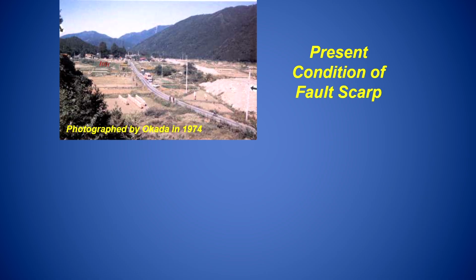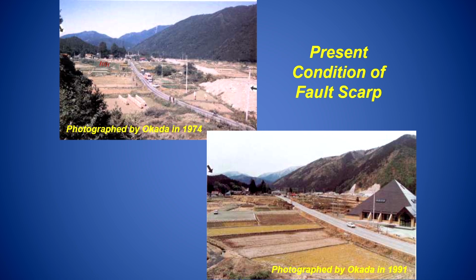Again, the photograph has been taken from the same angle. Some construction came up, and finally in 1991, you see this structure sitting exactly on the fault. If you have not passed on or formed any norms, then such mistakes can happen, and this is from Japan.